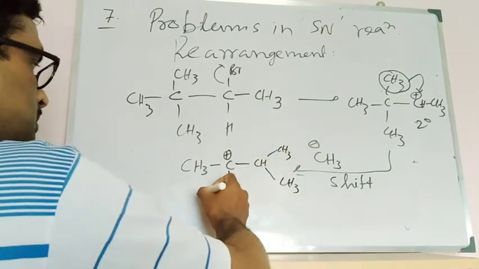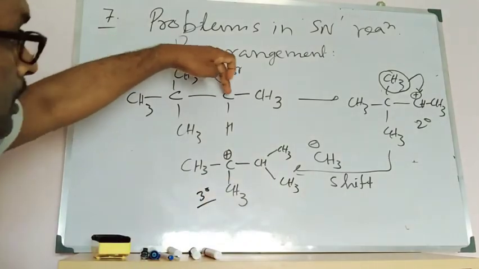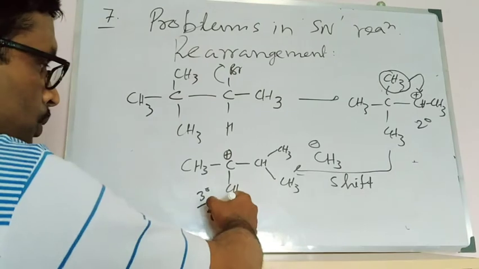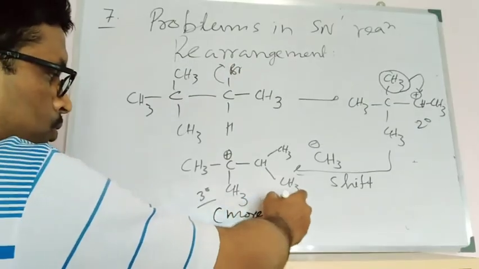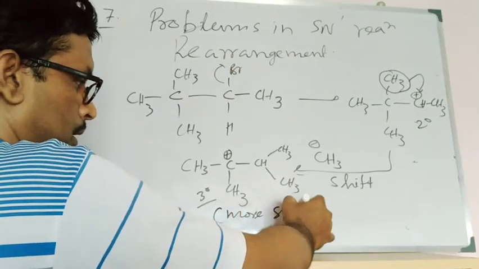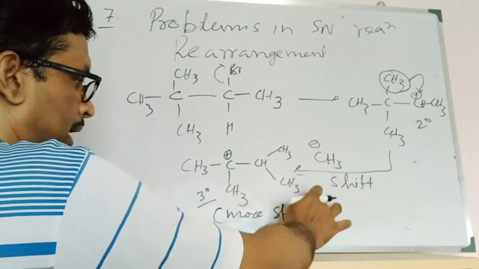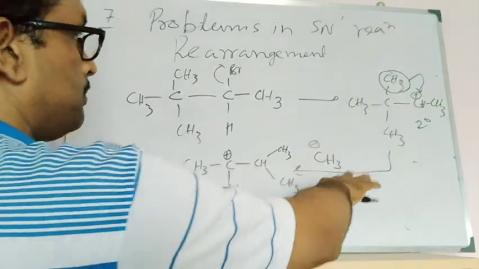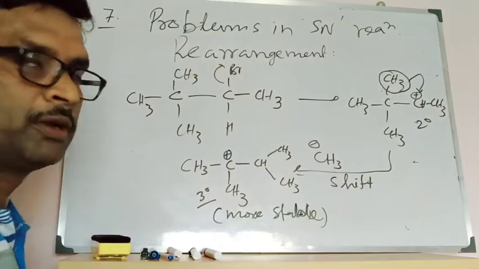And clearly this one is the 3 degree. So look, this substrate gives the 2 degree carbocation, but as this one is more stable, that is the driving force for this methyl shift. The methyl will shift to this and give the corresponding 3 degree carbocation.